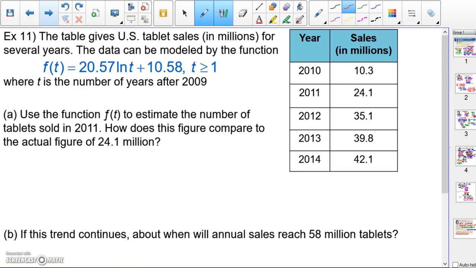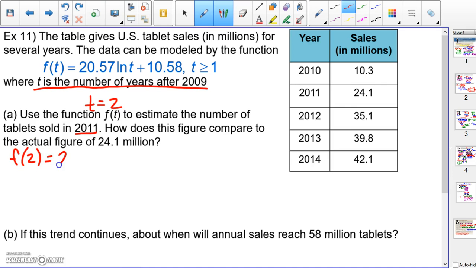Number 11, this table gives U.S. tablet sales in millions for several years, and it's modeled by that function, where T is the number of years after 2009. Part A says use that function to estimate the number of tablets sold in 2011. So T is going to equal 2 there. That's 2 years after 2009. So really all they want me to do is plug in 2.